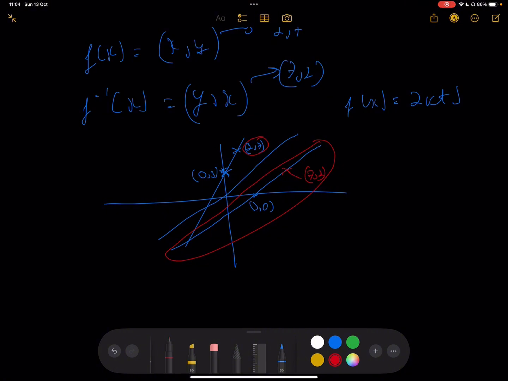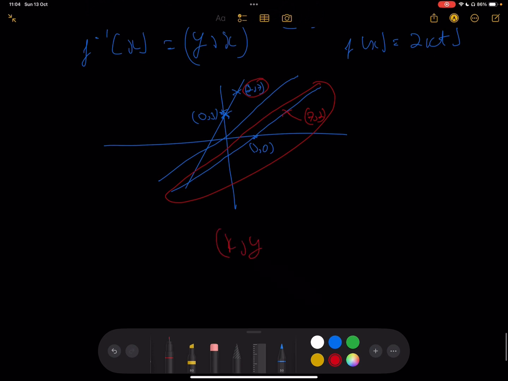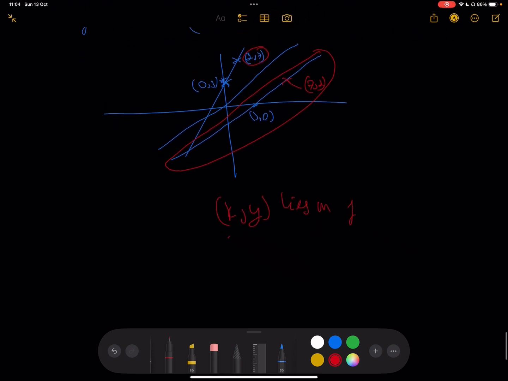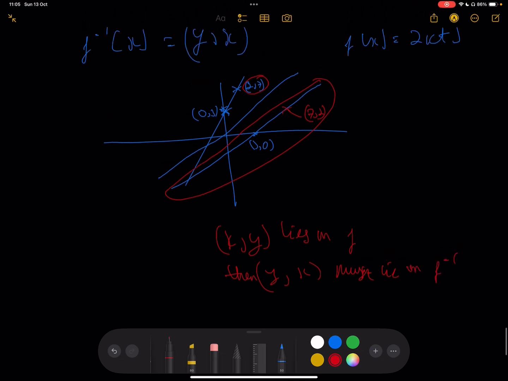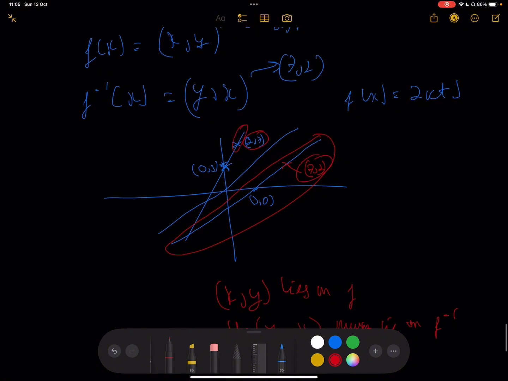Because as we remember, if x, y lies on f, then y, x must lie on the inverse function of f. So if 2, 7 is on this line, 7, 2 must be on the other line.